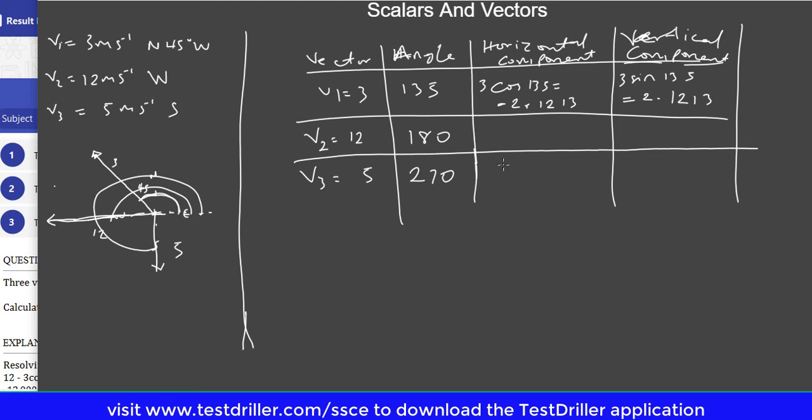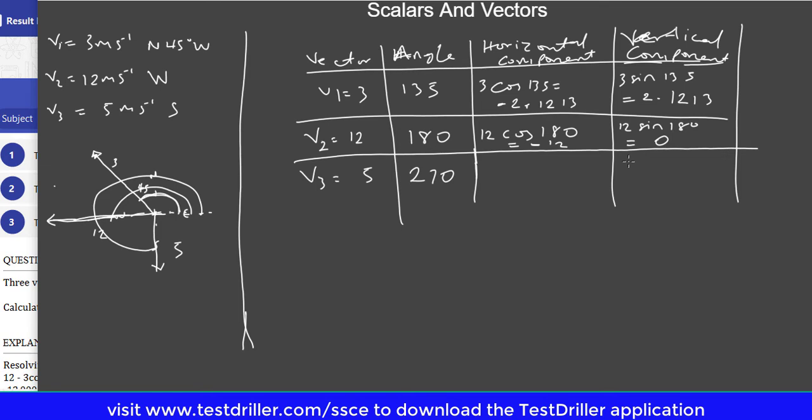To get the horizontal component, you just take this 12, multiply it by cos of the angle, which is 180, and that's equal to minus 12. Then the vertical component will be 12 sine 180, which is equal to 0.